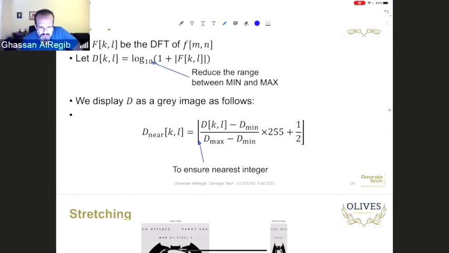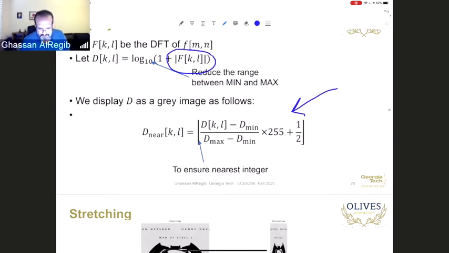Okay, so we take the DFT of F. We only look at the magnitude, at least in this part of the course. And then we add 1 plus logarithmic scale so that we can reduce the range between the minimum and the maximum in these DFT coefficients. And then we map everything to be between 0 and 255 using this mapping in here.